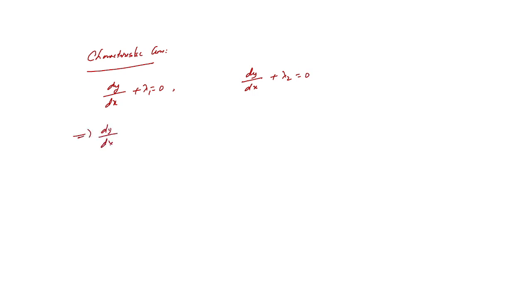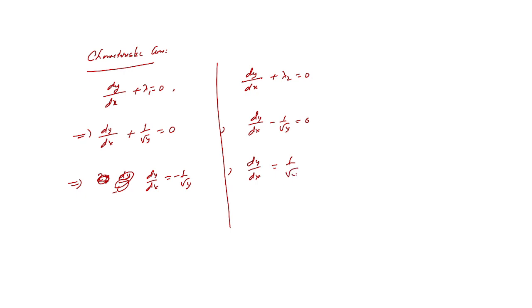So dy/dx + 1/√y = 0, and another is dy/dx − 1/√y = 0. So dy/dx = −1/√y, and here dy/dx = 1/√y. So you can say y^(1/2) dy = −dx, and here y^(1/2) dy = dx.